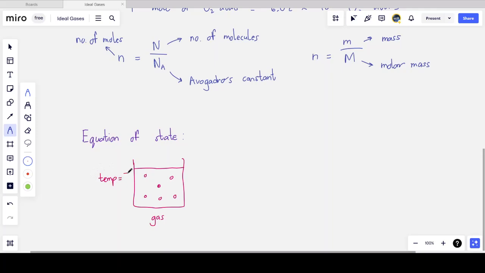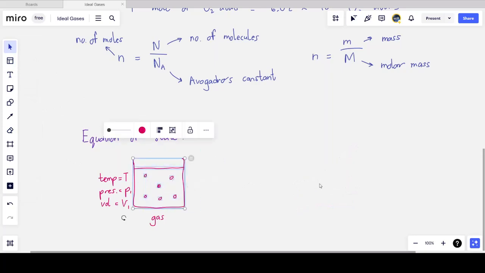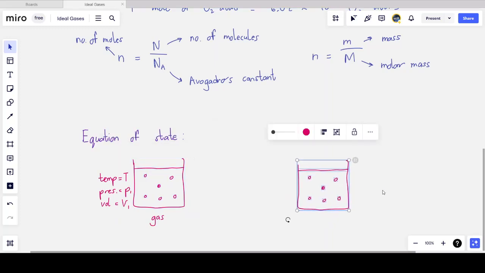It has a temperature T, a pressure P1, and volume V1. At some later time, something happens to this gas. Actually, since my artistic skills are terrible, I can just cheat and copy this diagram, and it magically appears over there.